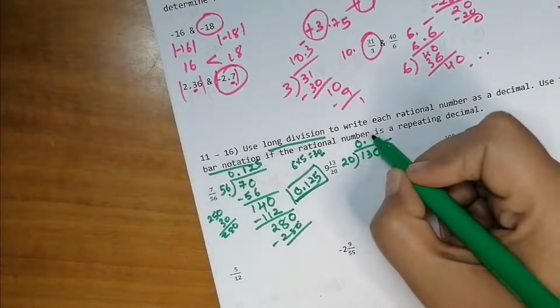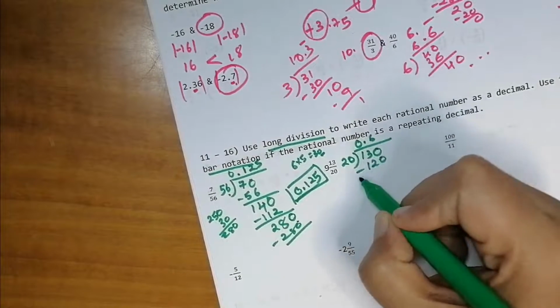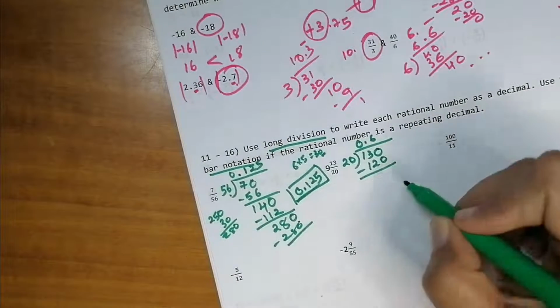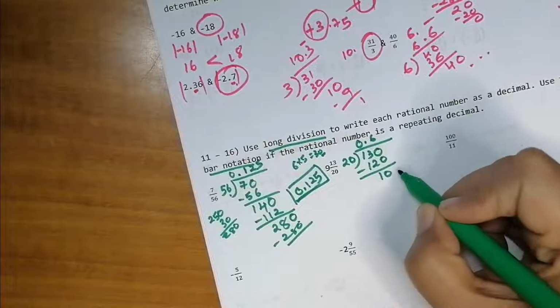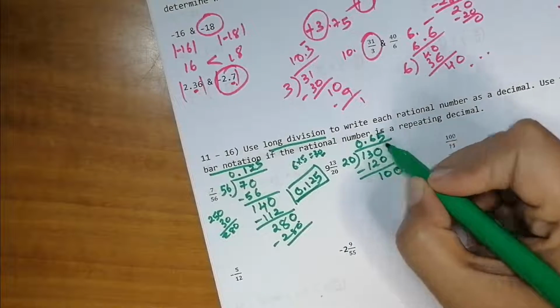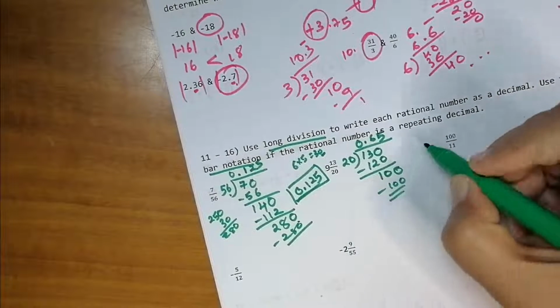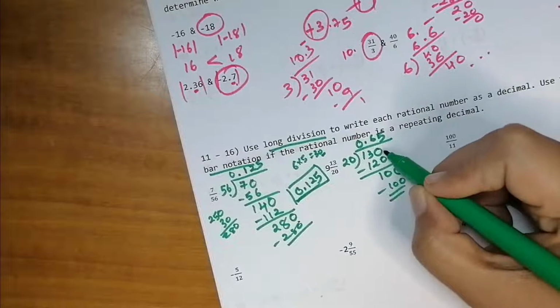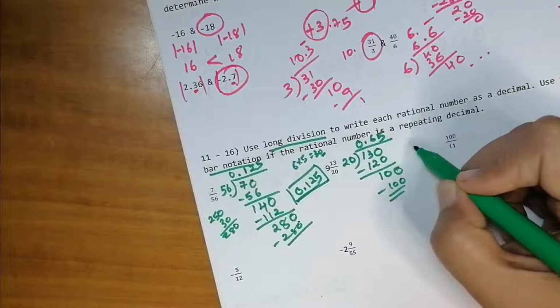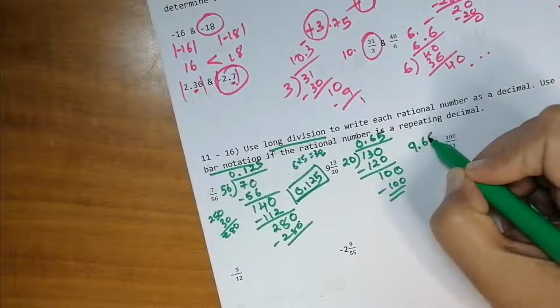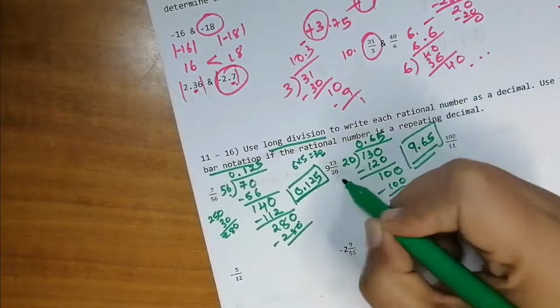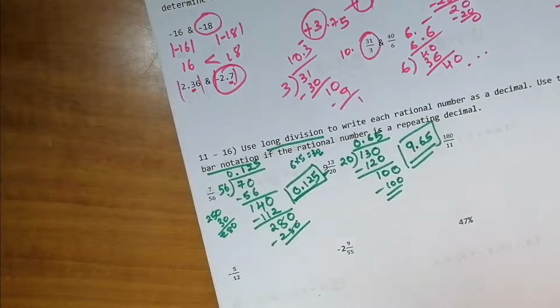So 20 times 6 is 120. Okay, that gives us 10 as the remainder. We put 0 and 20 times 5 gives us 100. So what will be our answer? Will it be 0.65? No, it is 9.65, right? Because we have to take this 9 also.